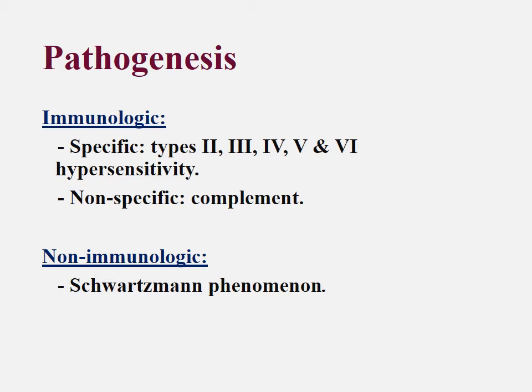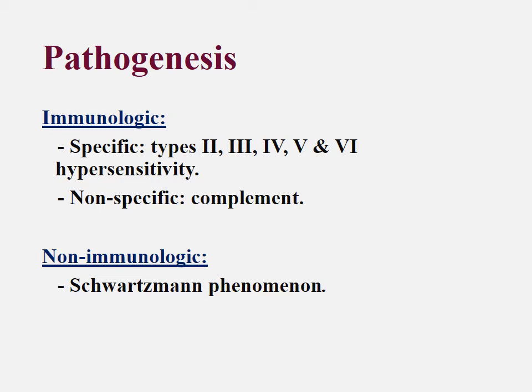So different types of hypersensitivity can start the cascade of inflammation that ends with vasculitis and thrombosis and damage of the blood vessel wall and extravasation of erythrocytes into the surrounding tissues. Again, non-specific immunity may lead to vasculitis through the activation of complement.